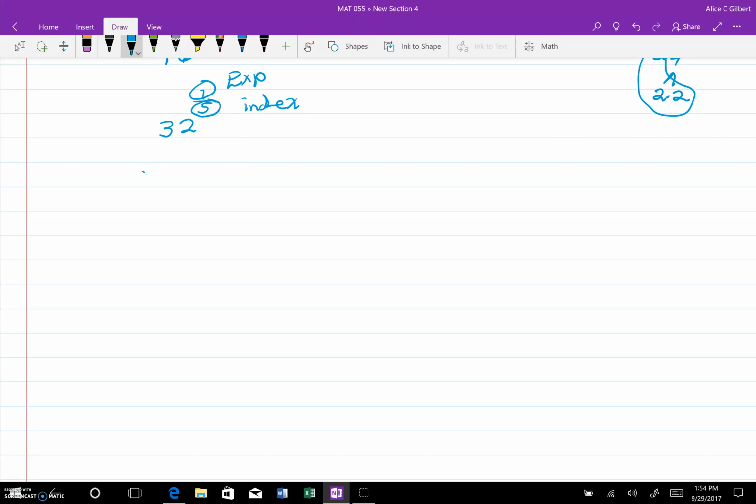Well, we don't write 1 exponents, so I just write it like this. Then I just need to figure out what the 5th root of 32 is. So 2 times 16, 2 times 8, 2 times 4, 2 times 2, and I need 5. 1, 2, 3, 4, 5. So the answer is 2.